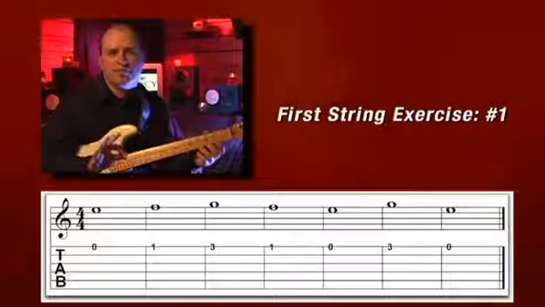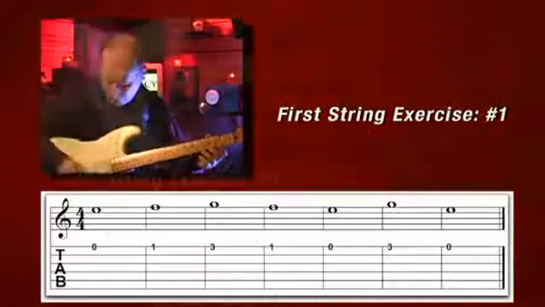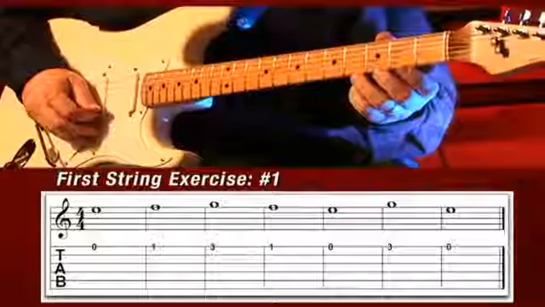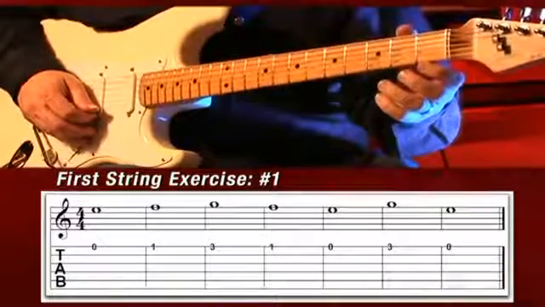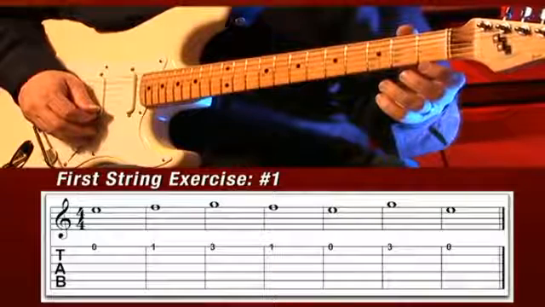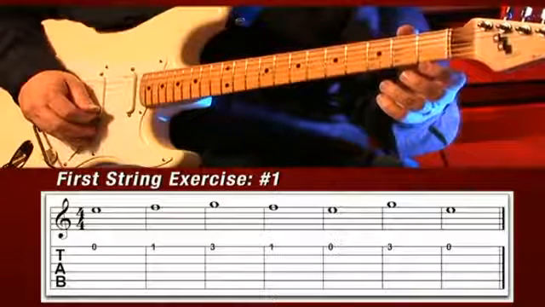I'll play the first couple of bars for you so you can kind of see how this goes. We're picking with our right hand over here. We got an E, which is open, on the first string as the first note. So it would be like this.